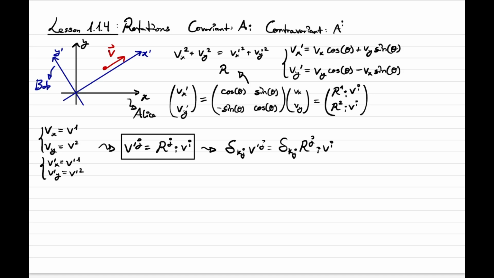Now the Kronecker delta collapses indices. It's going to kill the j index and place the k index. But the k index is a lower index. So this is basically V prime k with lower index. So now we are finding the components of a covariant object.